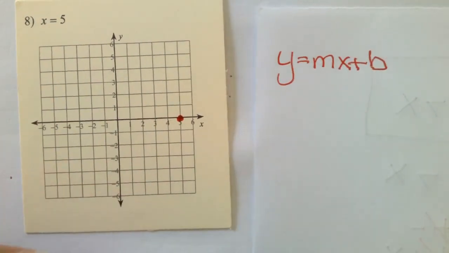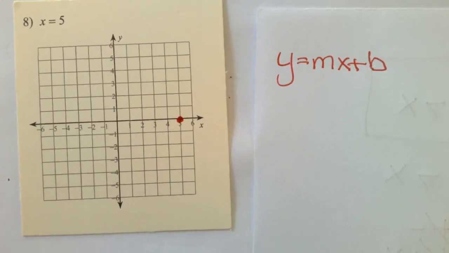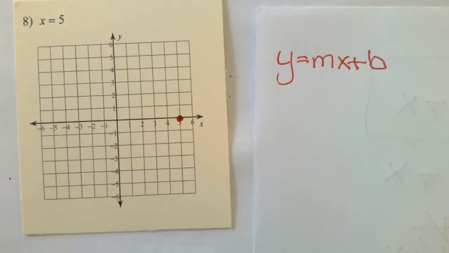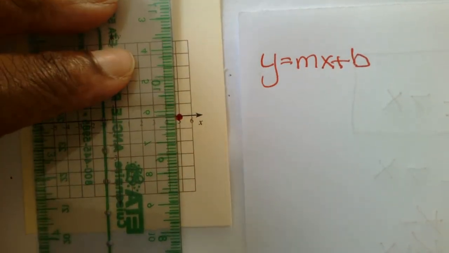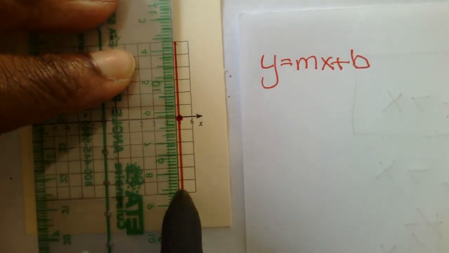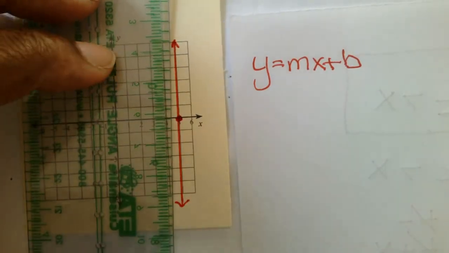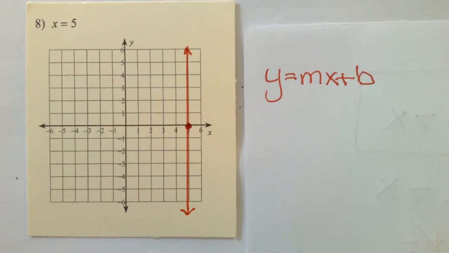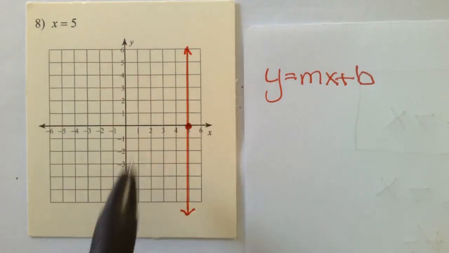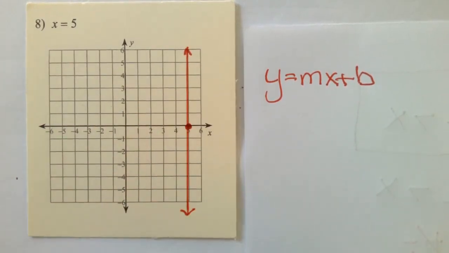So it's going to look something like this. It's going to be up and down, and it only crosses the x-axis. That's how you graph it. That's it. When it says x equals, that means it's only going to cross the x-axis.